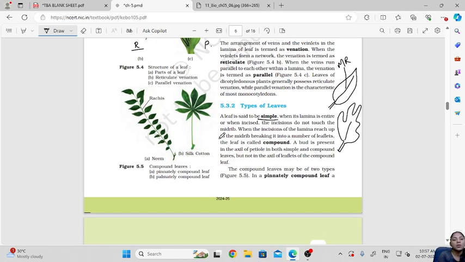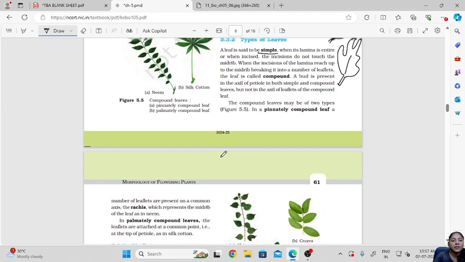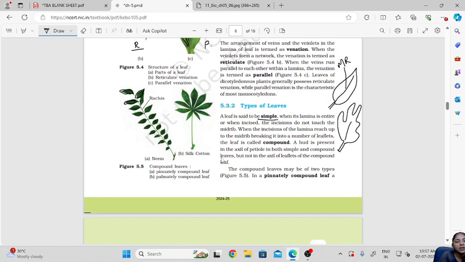Here we see a number of leaflets present on the common axis, the rachis. So this kind of leaf is called pinnately compound leaf.